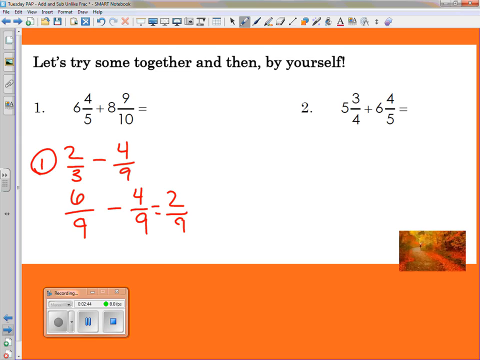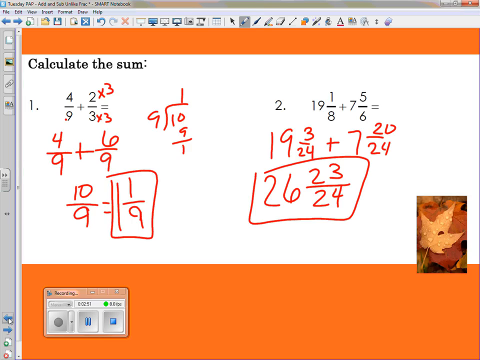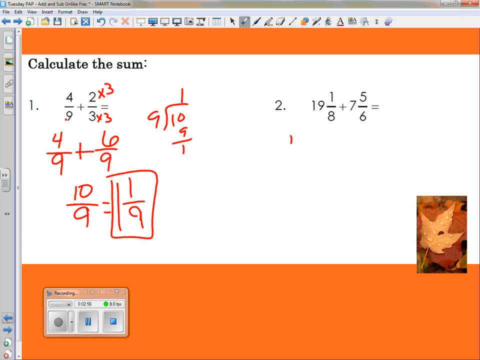The next one, we have is this exact same problem right here, but it is subtracting 19 and 1/8 minus 7 and 5/6. So everything we did a while ago is the exact same. So we still have our 19 and 3/24 minus 7 and 20/24. But can I take 20 from 3?